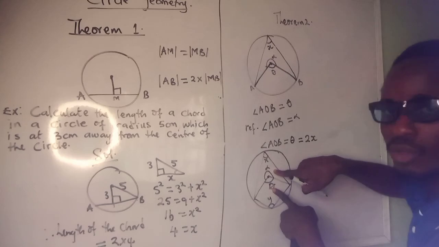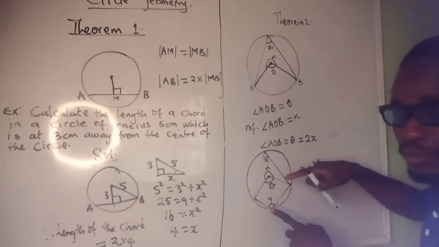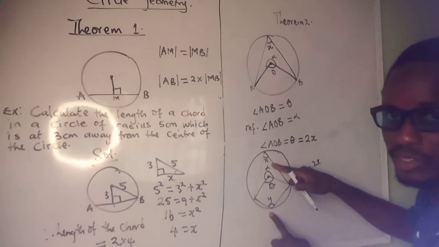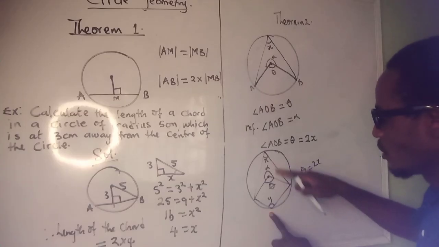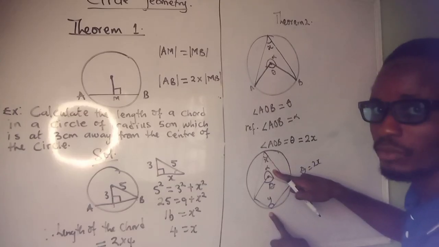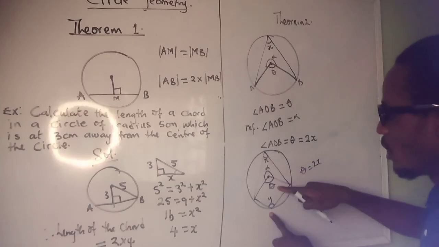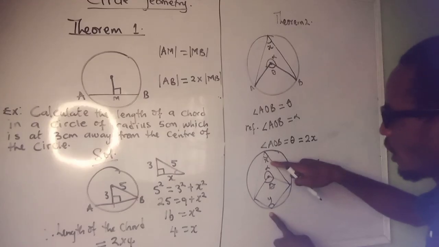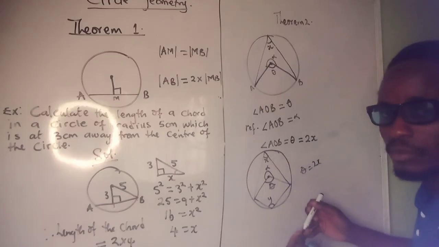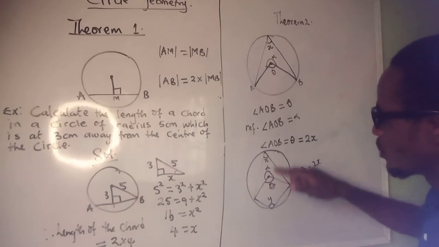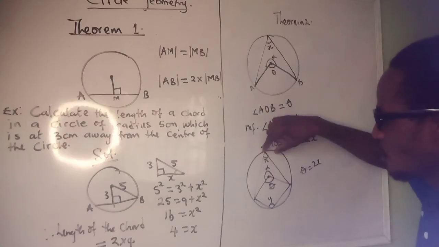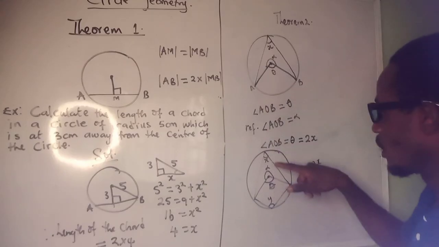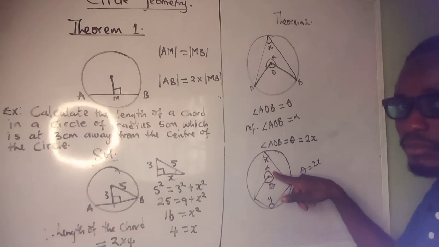So which of the angles comes from the circumference? 2 angles come from the circumference, y and x. 2 angles come from the center, theta and alpha. So if theta and alpha come from the center and x and y come from the circumference, so theta is 2 times x because x is behind theta and is opposite of alpha.